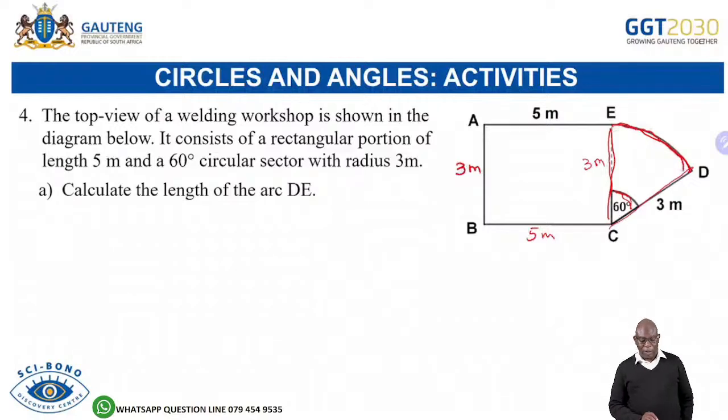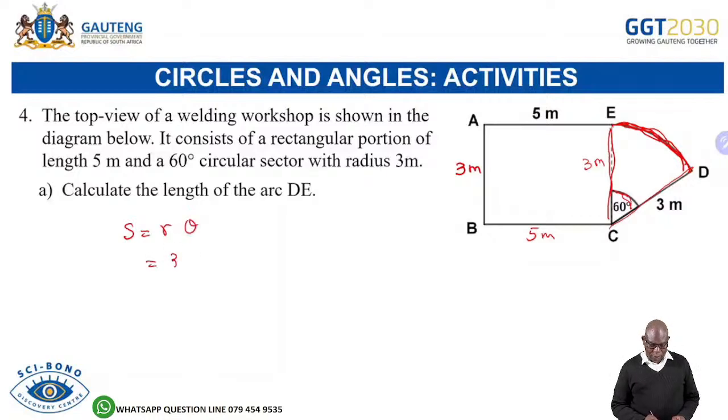So you can see the first question says calculate the length of DE. You see, DE is the arc length. So it means that I'm going to use the formula for the arc length. So what is my R there? It's going to be 3 meters. The theta there is going to be 60 degrees times pi over 180.